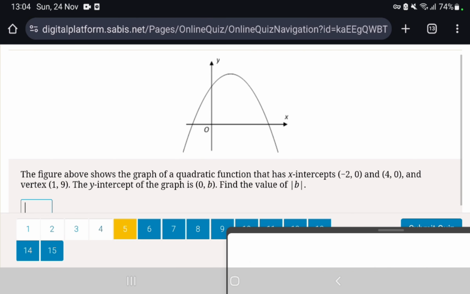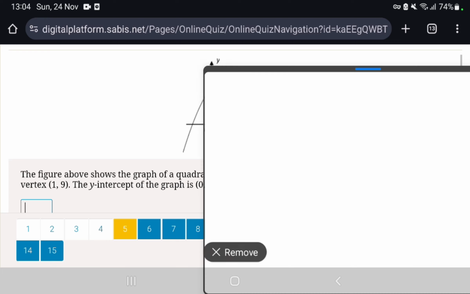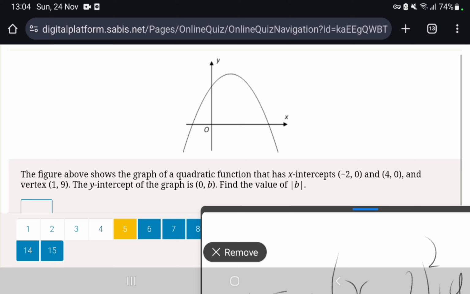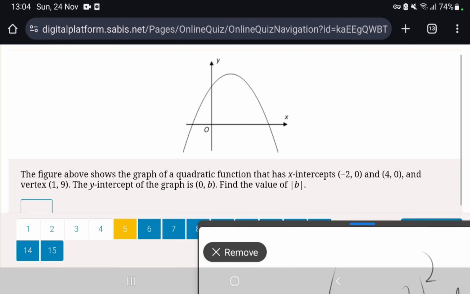So it is going to be y equals a times x minus 1 squared plus 9. Now to find a, we substitute one of the points they gave us.